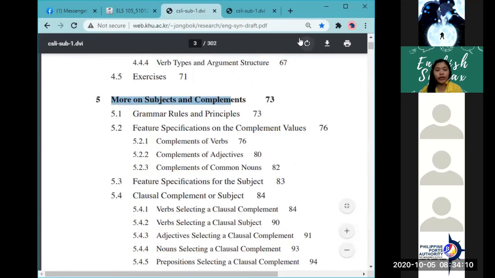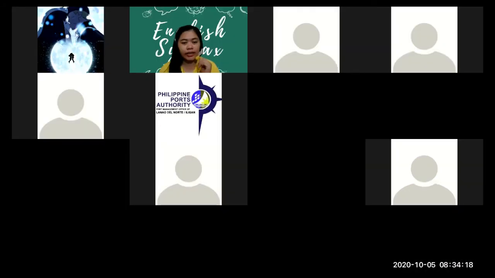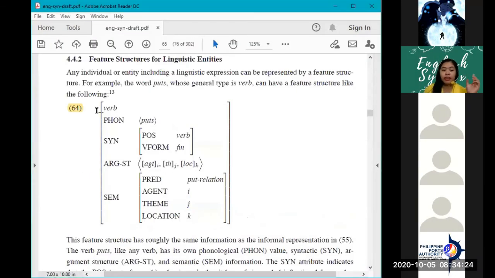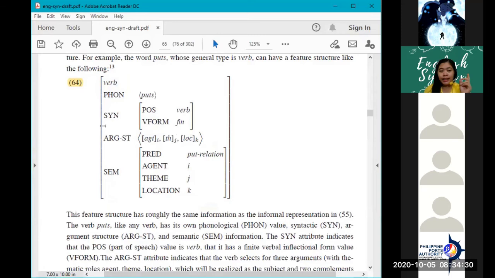And what I want you to do is write every feature structure that you encounter. For example, this one. So that you can take note of it and understand it well. You write this in your notebook, with understanding, as you read.